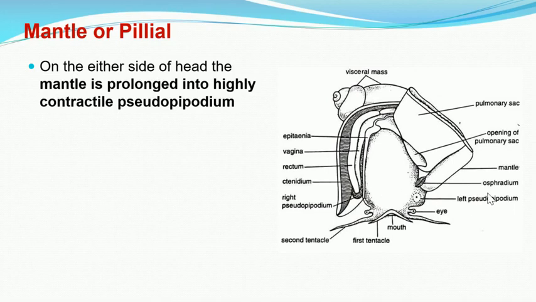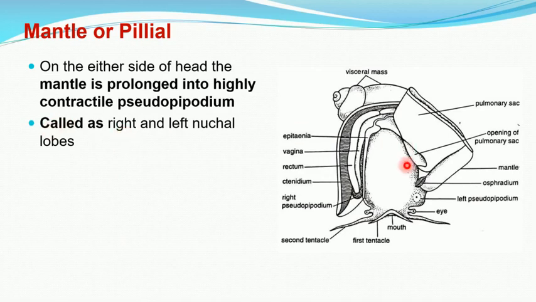Here you can see there are two pseudopodia, left and right. So it results into two lobes, the right and the left nuchal lobes, also referred to as pseudopodia.